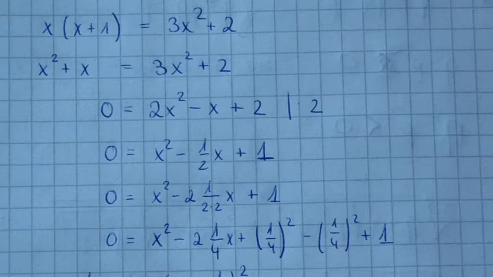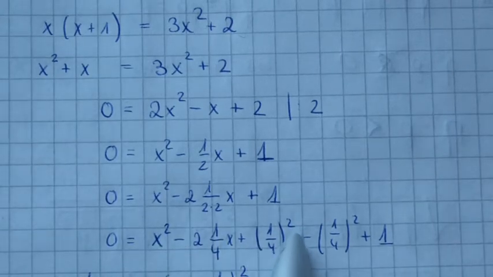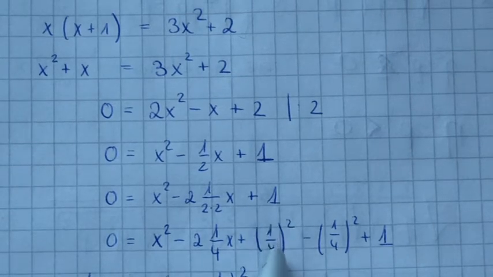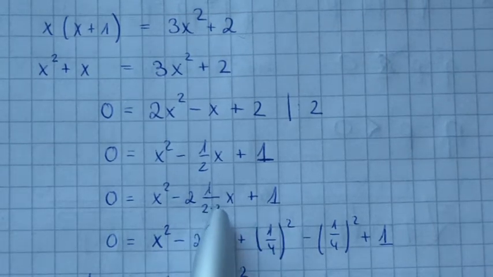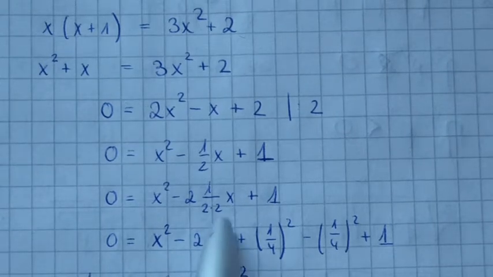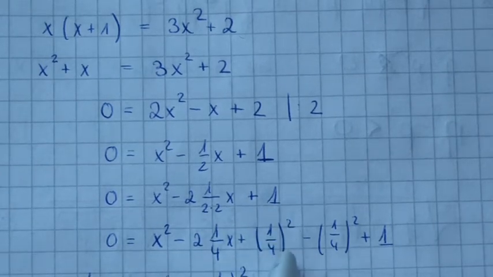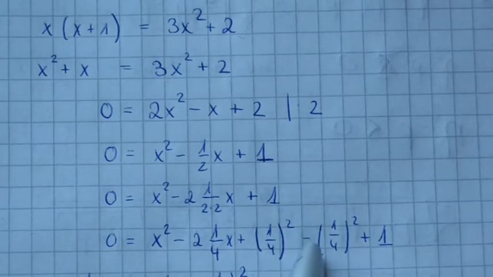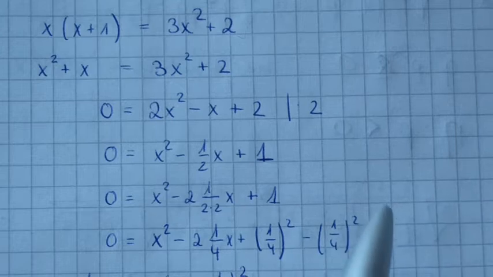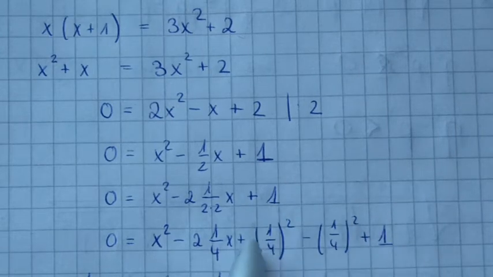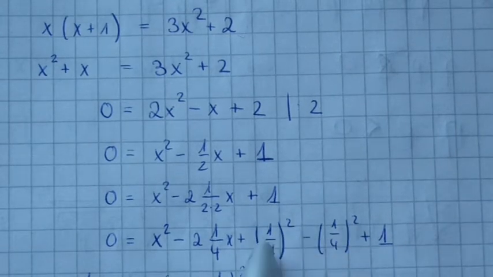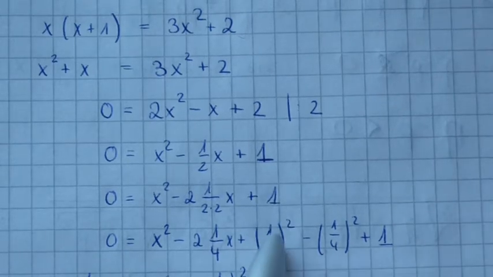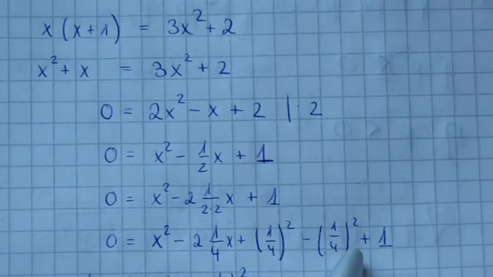Now what we do next is we just complete the square by putting here, this is 1/2 times 1/2 will give you 1/4, 1/4. Now you have to put this squared in, so you have to bring in its square and then minus its square again, and then plus 1. Okay, this is just to keep the equation in balance, because this 1/4 squared was not in the equation, but we put it in there, so we have to subtract it again.